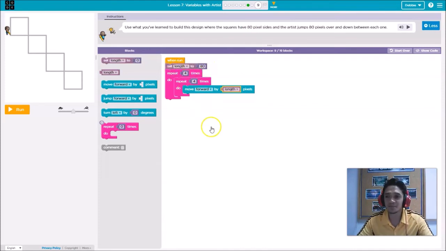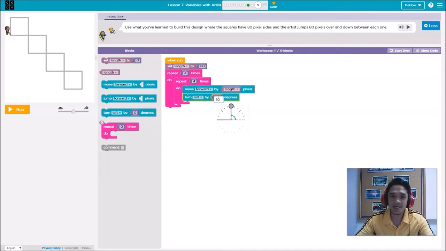Next, we need to turn left. How many degrees? Because that is a square, that should be 90 degrees. So this is now the square. Move forward length 80, turn left, move forward again 80, until we can draw a square.